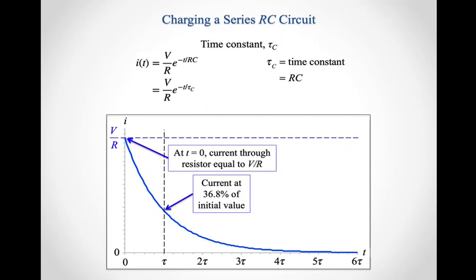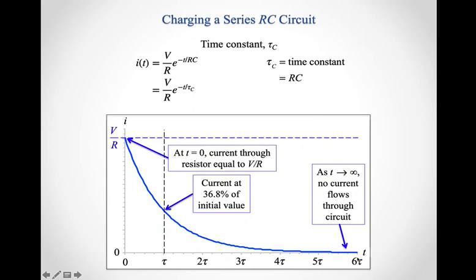As you let time increase, so it goes to 2 time constants, 3 time constants, 4 time constants, 5 time constants, keeps on going, as it approaches infinity, basically if you wait long enough, once you've gone to 5 or 6 multiples of the time constant, that qualifies as long enough. Anything past that, you've waited long enough that you can treat t as if it's gone to infinity.